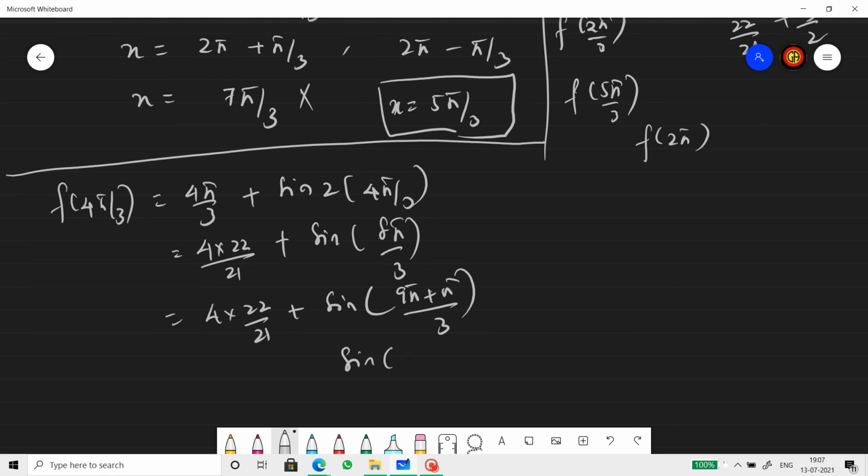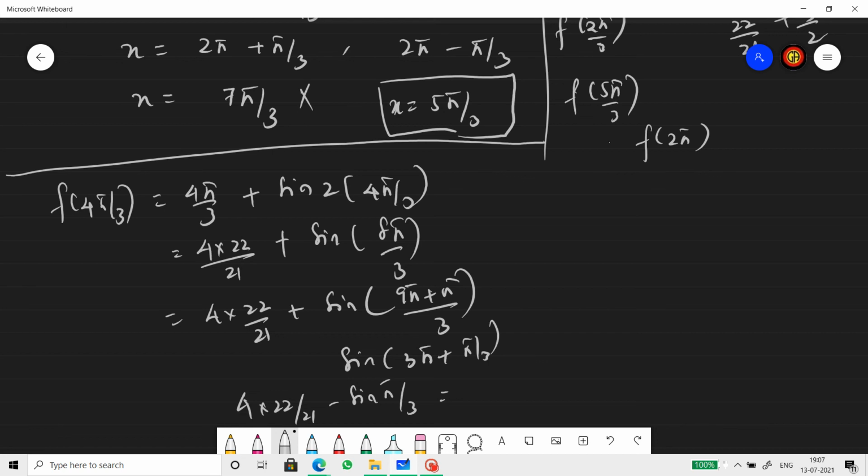So sine of 3 pi plus pi by 3, which is 180 plus theta, and sine of 180 plus theta is minus sine theta. So we get minus sine pi by 3.